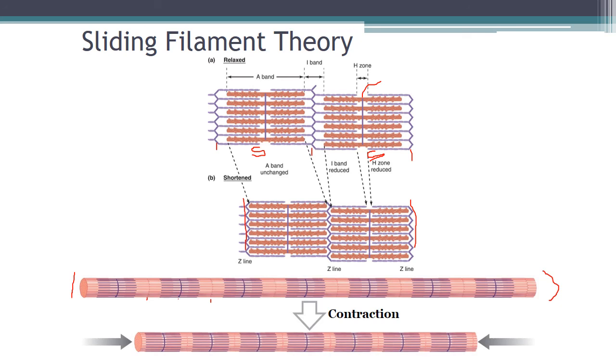The M line is the purple line right there. The thick filament is in purple. The thin filament is the light red. When each one of these sarcomeres shortens in that myofibril, you can see that the whole myofibril shortens. That will shorten the muscle fiber, and that will shorten the entire muscle.